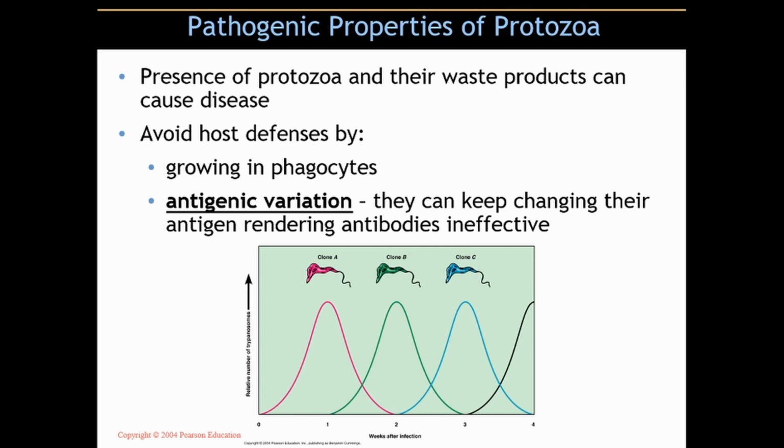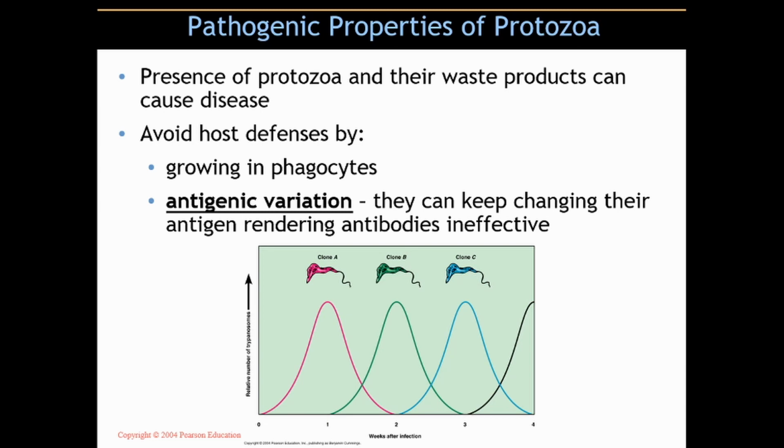Protozoa, they have a number of pathogenic properties, and protozoa are the category of microbes, probably number one, that I'm sure you've heard of, malaria, for example. Well, what is one specific pathogenic property? Well, actually two. Sorry, they grow in phagocytes.